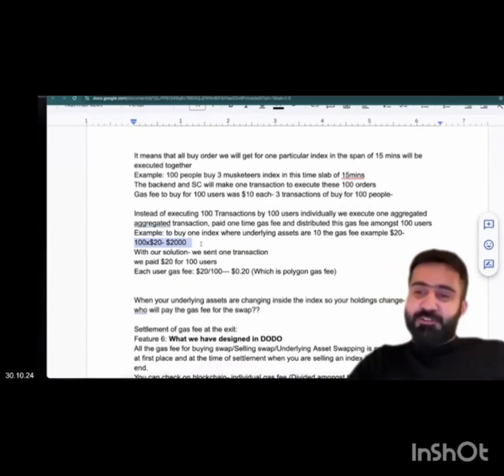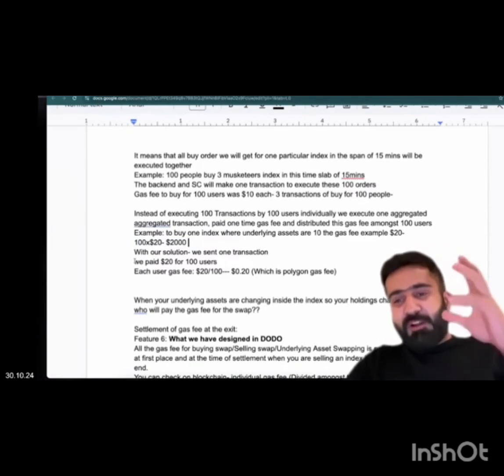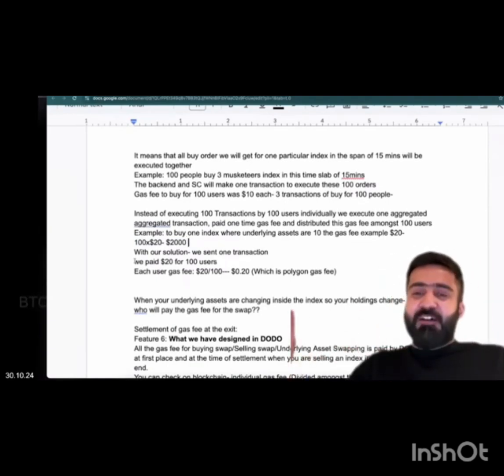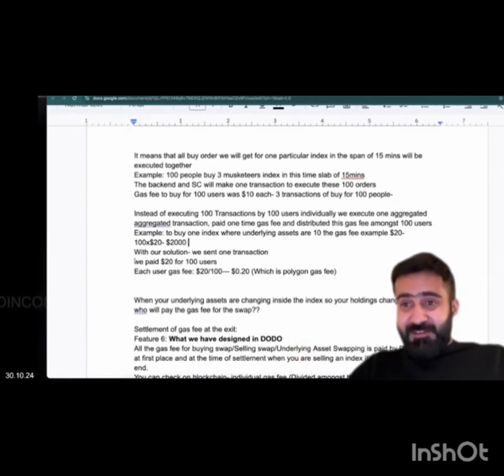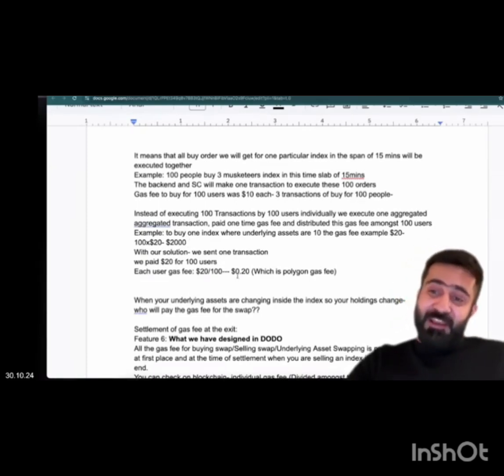But with our solution, with Dodo, we paid $20 in one transaction and bought on behalf of 100 people in their custody, and divided this $20 among 100 people, which is 20 cents, which is equal to a Polygon gas fee.